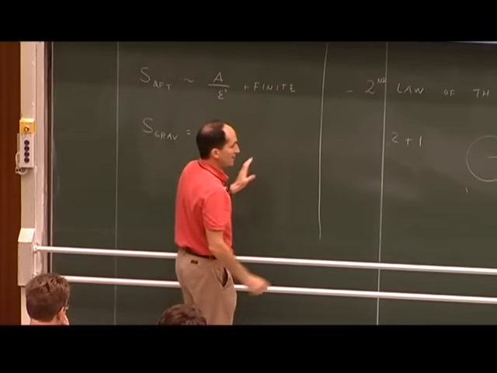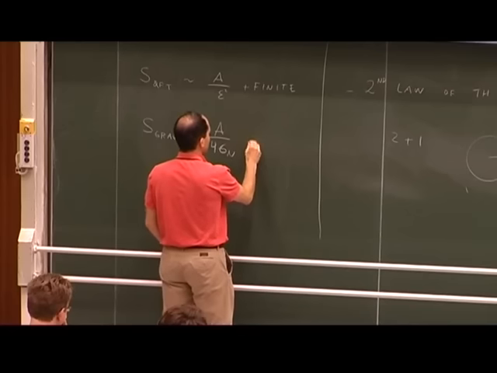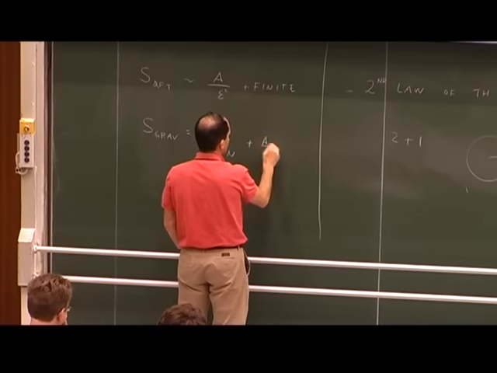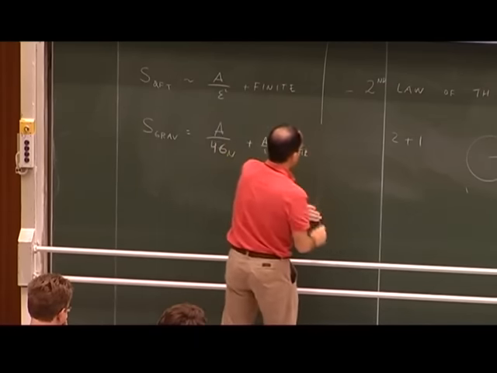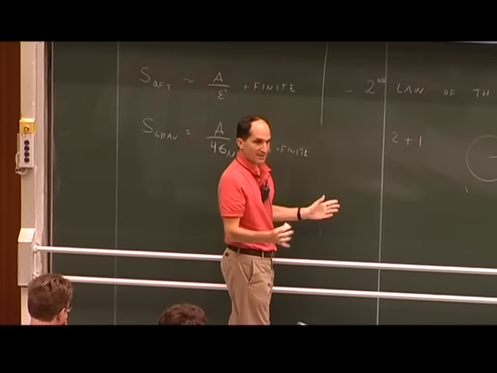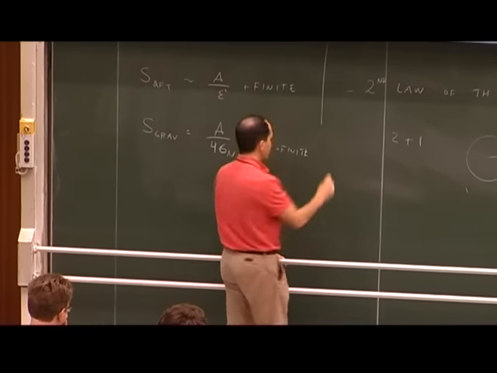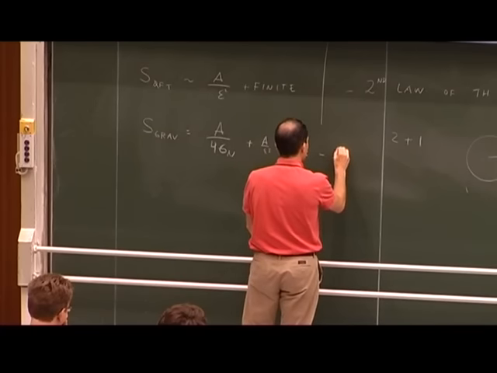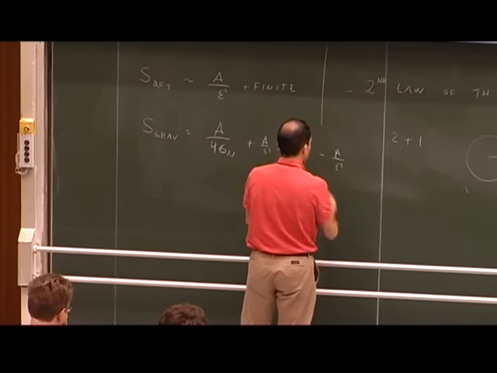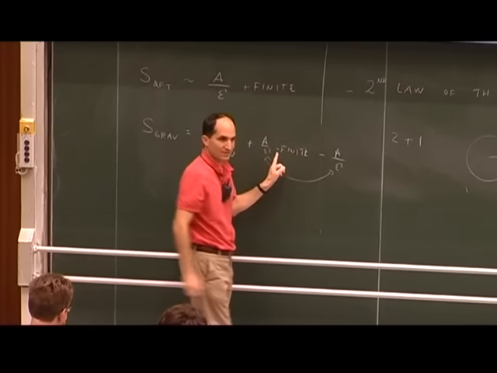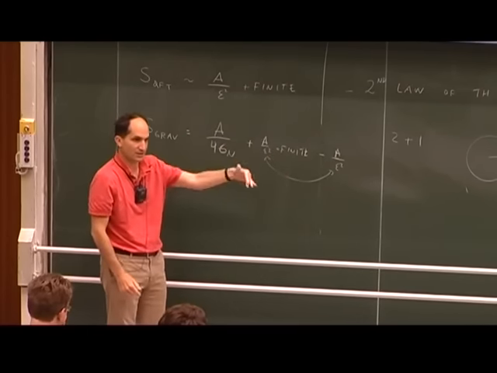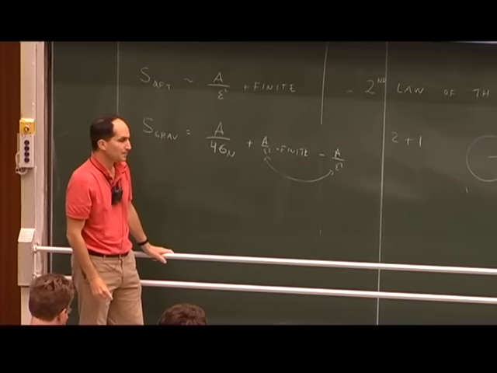So the full answer is this piece plus area over epsilon squared plus finite, right? Then you should do quantum calculations properly, so you should include the counterterms and so on. You include the counterterms, you cancel area over epsilon squared. The counterterm is local and only cancels this piece, but leaves the finite piece. So the finite piece gives an additional contribution to the entropy.